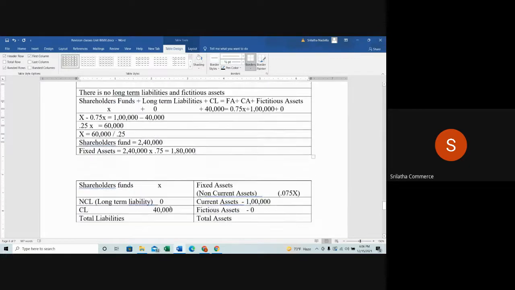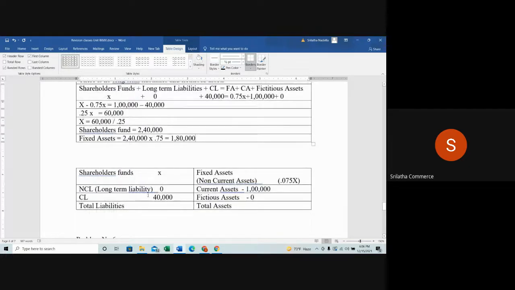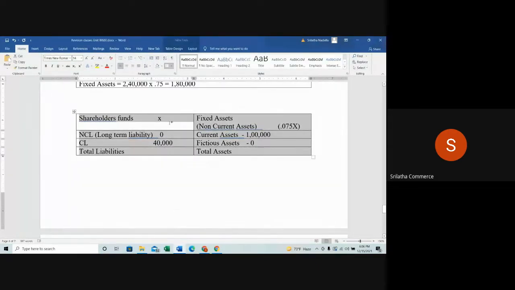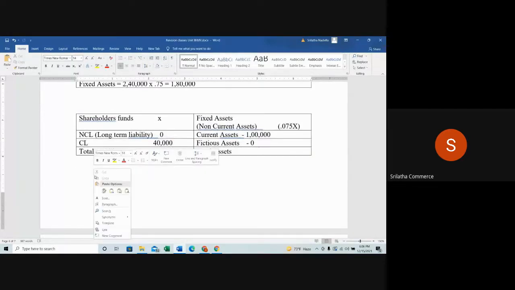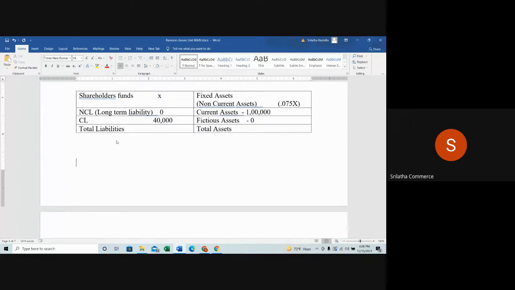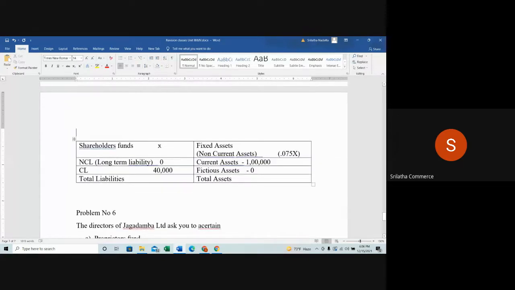Yeah, same thing, you can put it here. Shareholders' funds. This is the balance sheet. So shareholders' funds, how much we got? Oh, no. Wait.